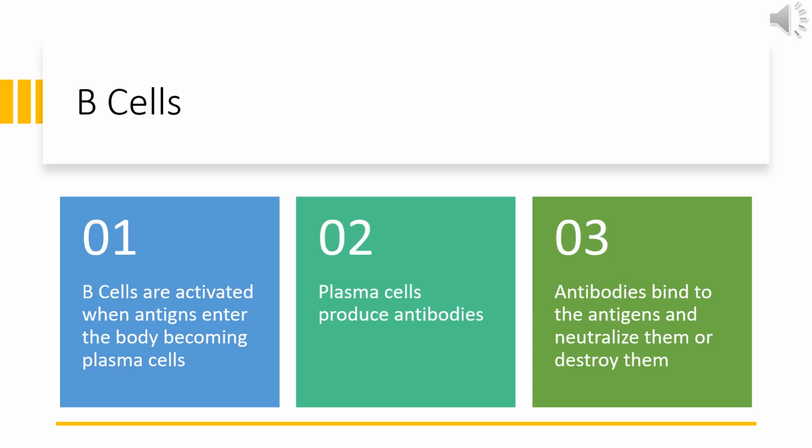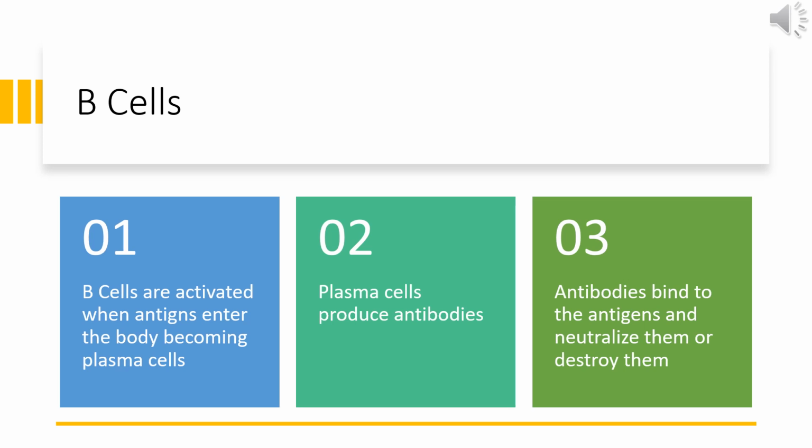Okay, so moving on to B cells, the second example I have for the third line of defense. B cells have just a couple more steps than the T cells would. Obviously, it's got three steps. The first one is that the B cells are activated when antigens enter the body, becoming plasma cells. This leads to step two, which is plasma cells produce antibodies.